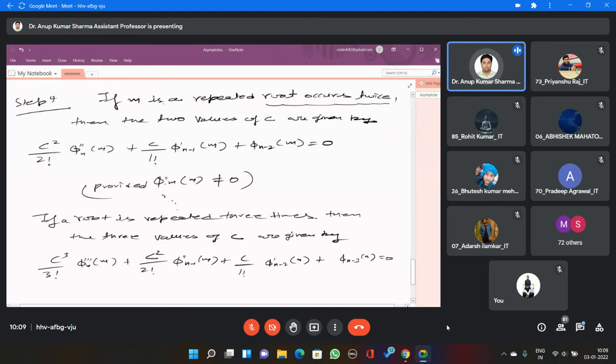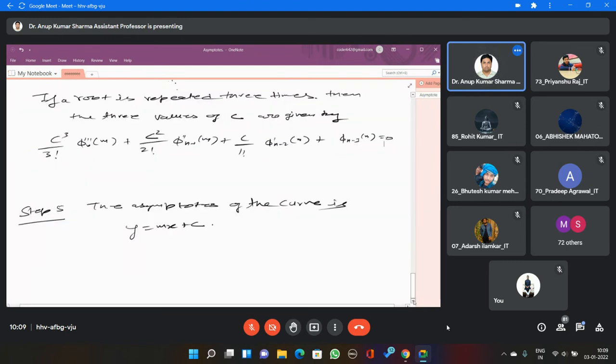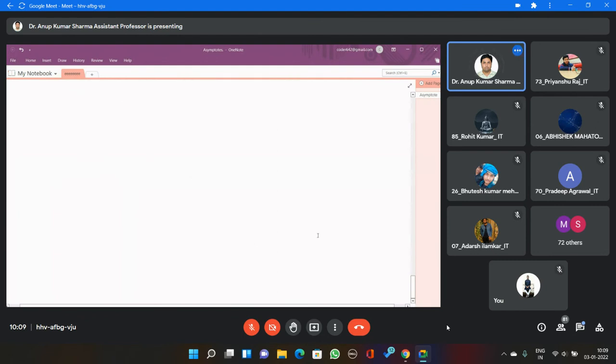Now we come to the problem directly. Okay, question: find all asymptotes of the curve. The equation of curve is now looking like something bigger.